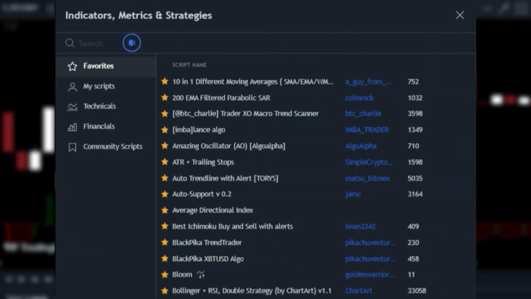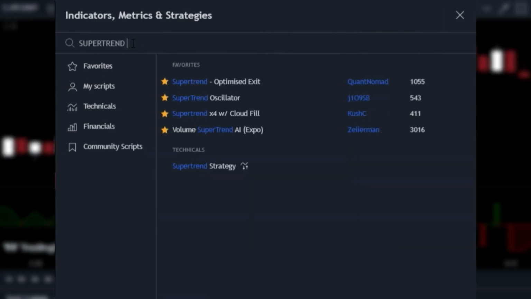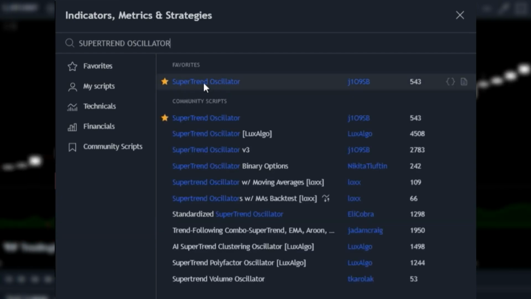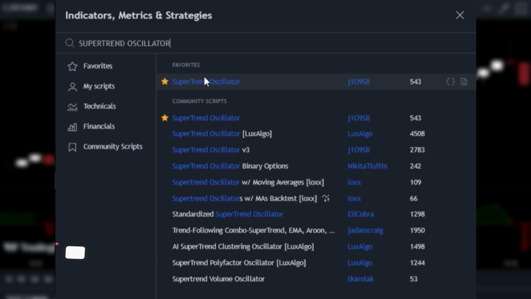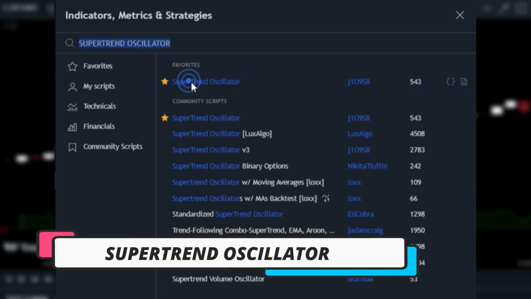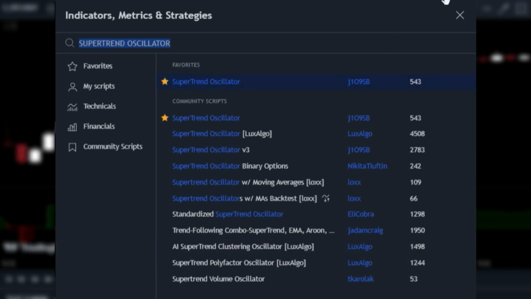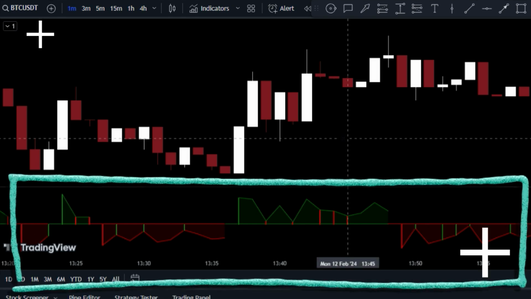Now let's get back to the strategy and discover the super trend oscillator and how it can enhance your trading strategy. After adding it to your chart, we'll guide you through adjusting a few settings.